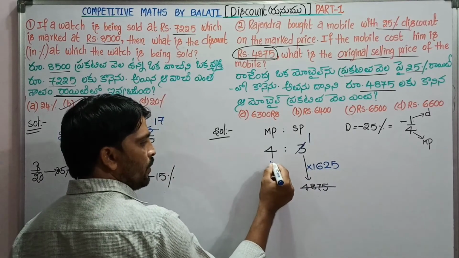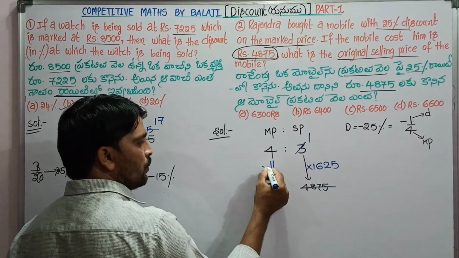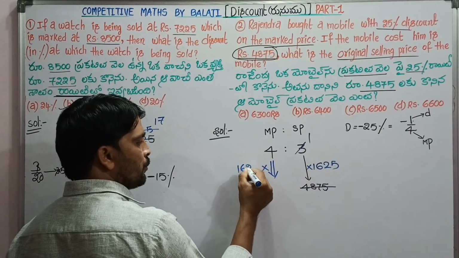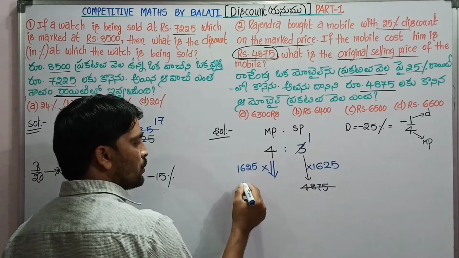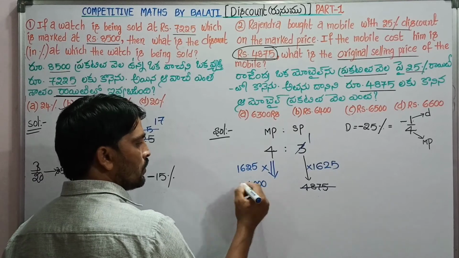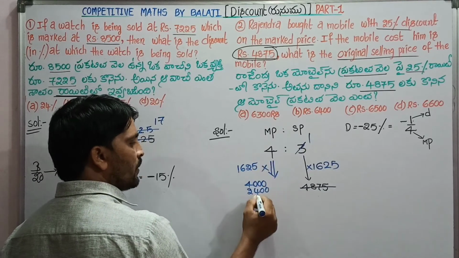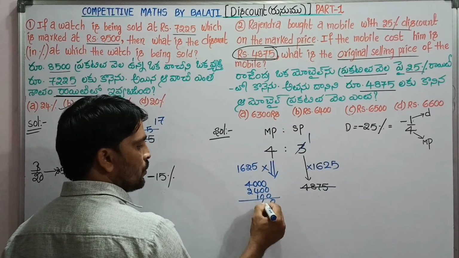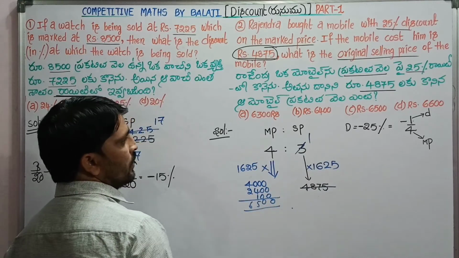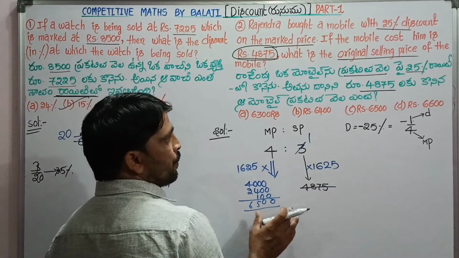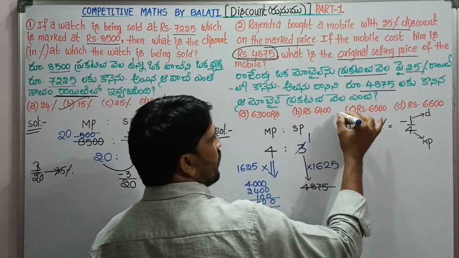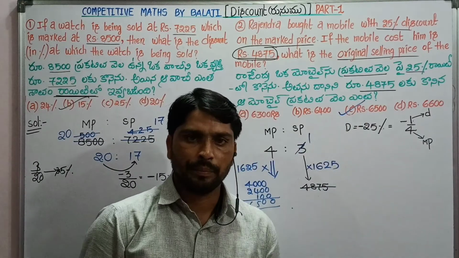So we have to find market price, that is 4 units value. 4 times 1625. 4 into 1000, 4000. 4 600s are 2400 and 4 25s are 100. That is 6500. 6500 is the market price or original selling price of the article. So answer is C.